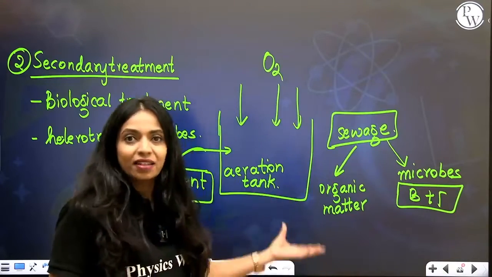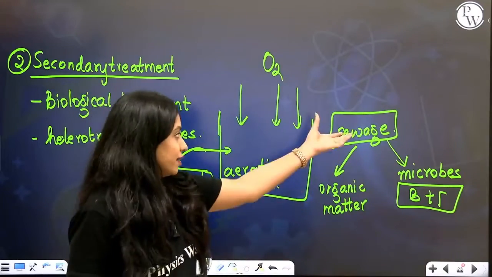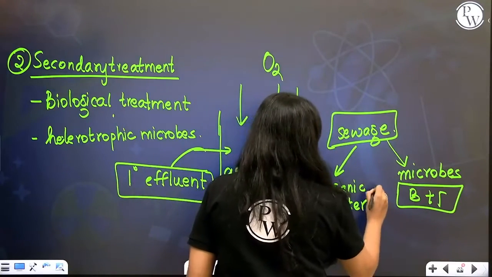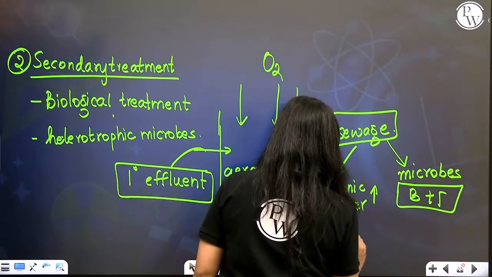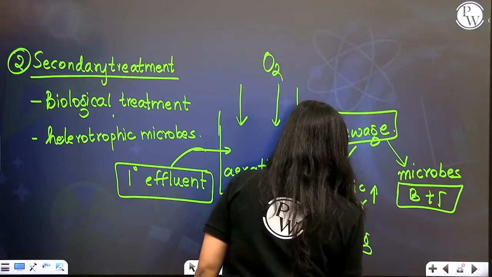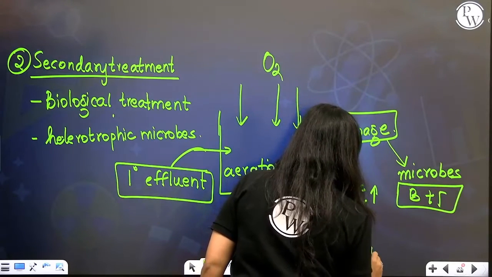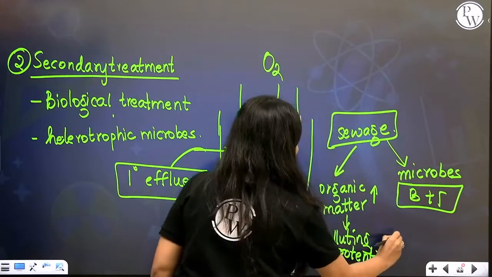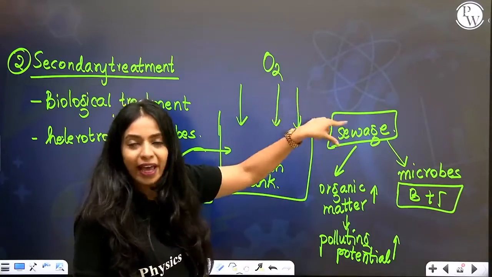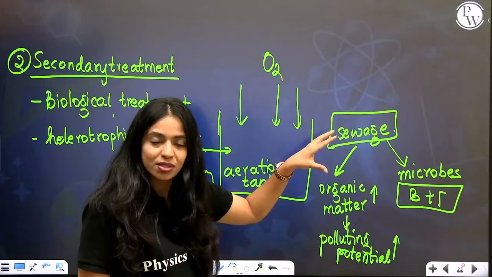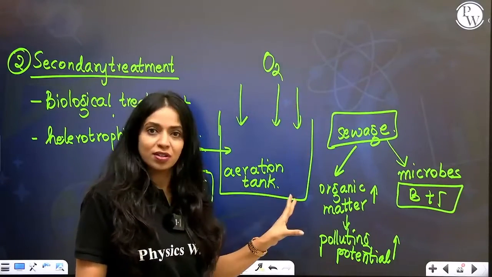Now, the greater the amount of organic content in sewage, greater is its polluting potential. So the whole idea of treating this sewage is to make sure that the organic matter in sewage is reduced so that its polluting potential is reduced.